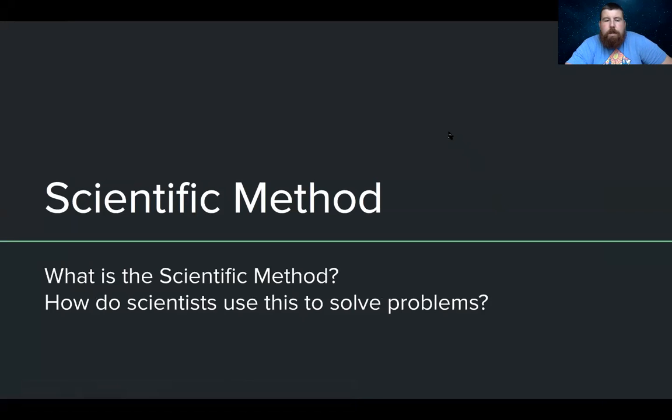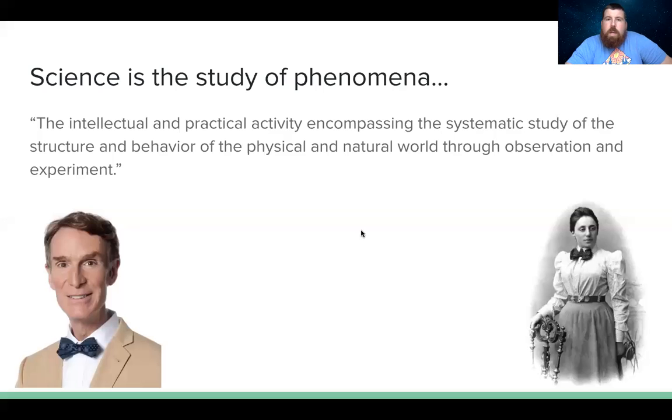And really today what we're going to be looking at is what is the scientific method, and how do scientists use this to solve problems? So when I was looking up what science is, I found that the dictionary definition is: science is the study of phenomena, the intellectual and practical activity encompassing the systematic study of the structure and behavior of the physical and natural world through observation and experiment.